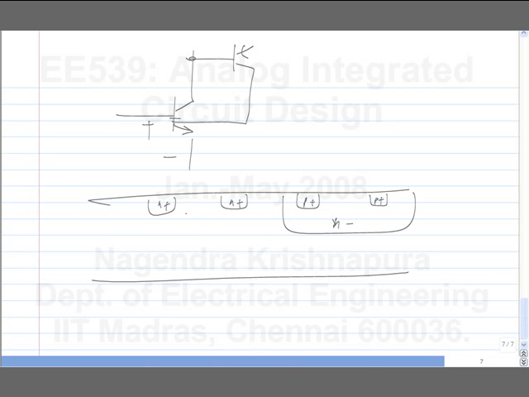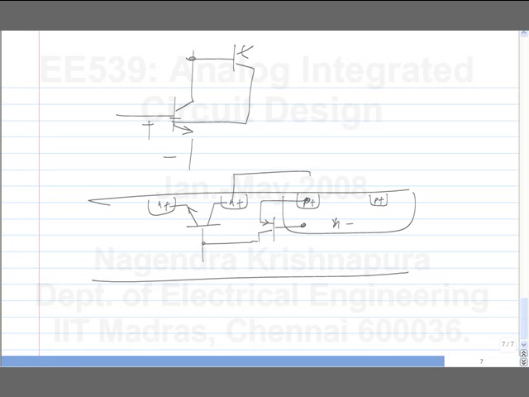let me see, this is an NMOS, this is an NPN, and the PNP is here, okay, and you can have, let's see, this connected to this.